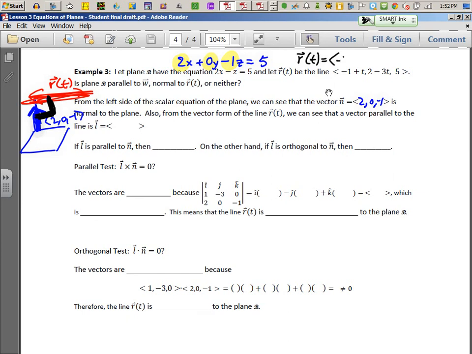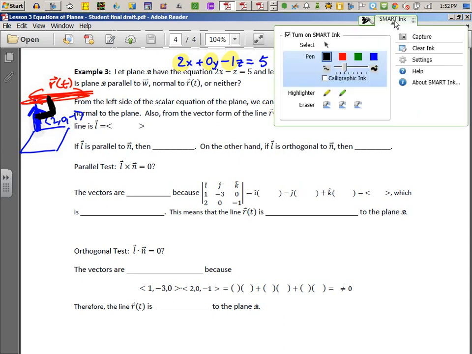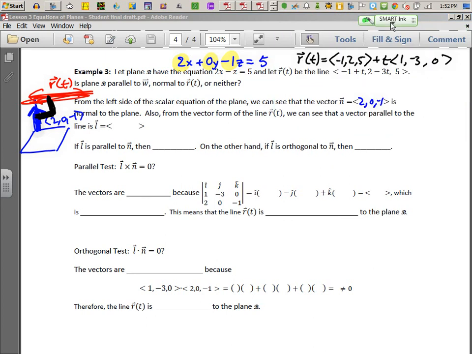It was basically negative 1, 2, 5 plus t times a, b, c, where this is 1, negative 3, 0. So our line points in the same direction as negative 1, 3, 0, which is the direction of our red line.